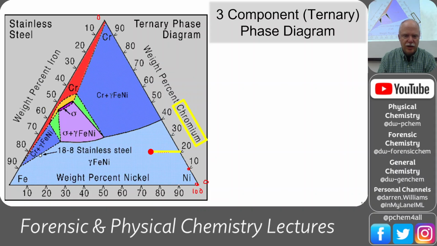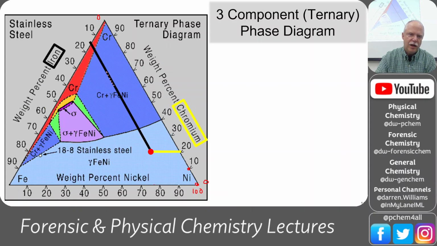But we're right here, so we come across. So we're always horizontal to the 0 line. So we go horizontal to the 0 line and hit the axis, and that's 20% chromium. So then how much iron do we have? So this is the 0 line for iron. And so how does this point have a line that's parallel to the 0 line? Okay, it comes across parallel to the 0 line and hits that axis at 15.